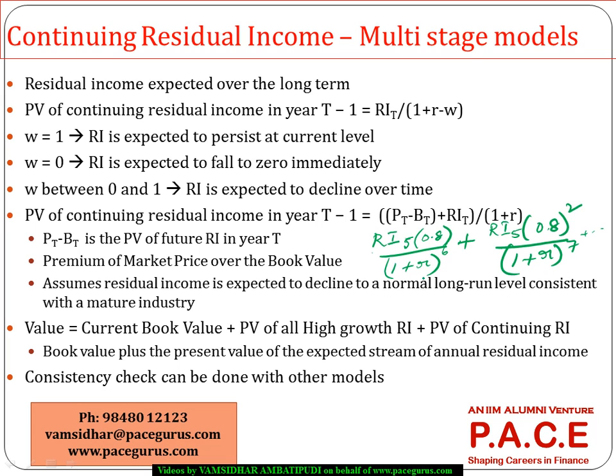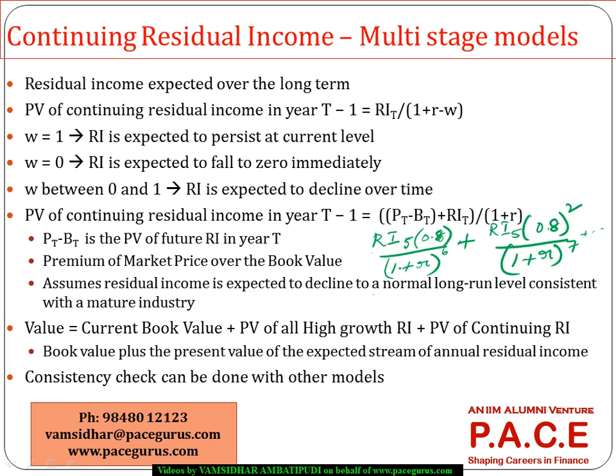Right? If the RI is dropped by 100%, then it is becoming 0. If the RI is dropped by 0%, it is maintaining at 1 itself. So if I am saying that the RI is dropping at 20%, now what will happen?